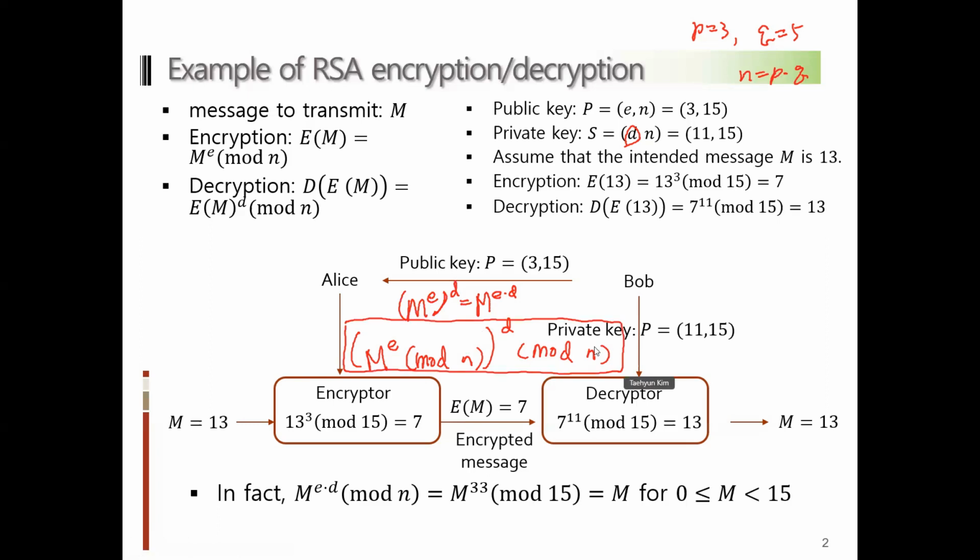So it doesn't matter whether you first calculate the mod in the middle, or you delay the calculation of the remainder and continue calculating the power value. Whichever order you do, you will always be left with the original value of m. So that's the power of RSA encryption and decryption.